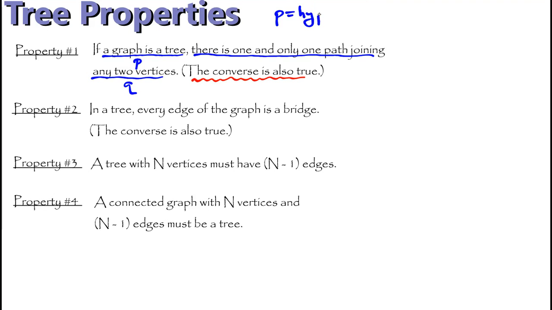P is the hypothesis, Q is the conclusion. This is the shorthand notation that we learned back in geometry.